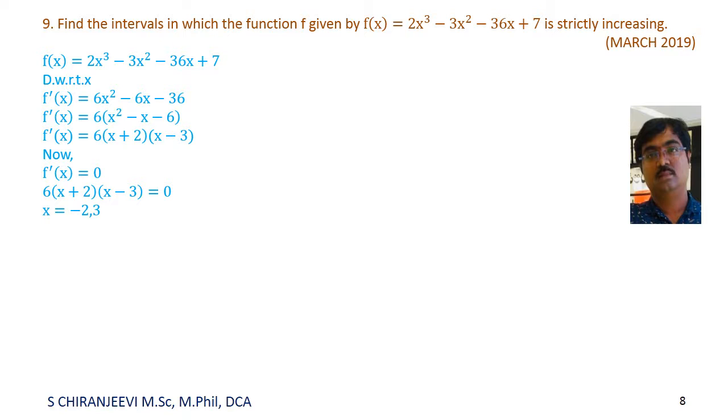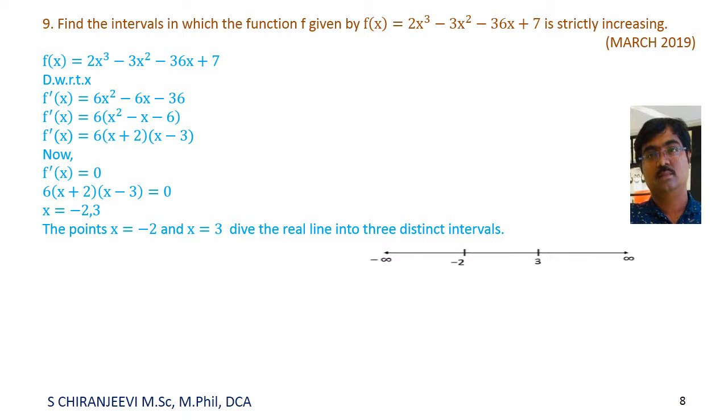So we get x equal to minus 2 and plus 3. Now in the number line from minus infinity to plus infinity, the points are minus 2 and 3. So the intervals are minus infinity comma minus 2, minus 2 comma 3 and 3 comma infinity.